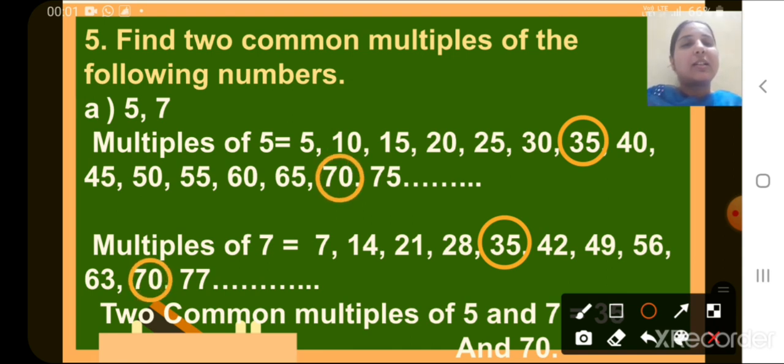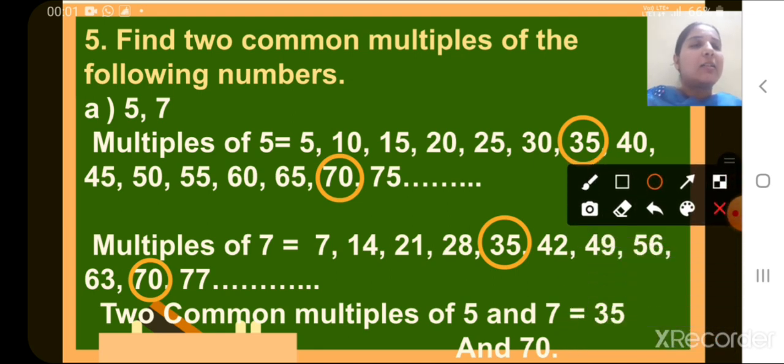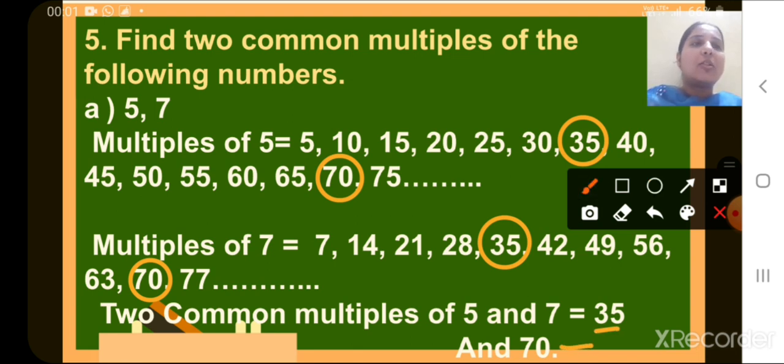Here you can see. So it shows that the first two common multiples of 5 and 7 are 35 and 70. Okay? So first we will write the multiples of the given numbers, and then we will identify the common multiples.